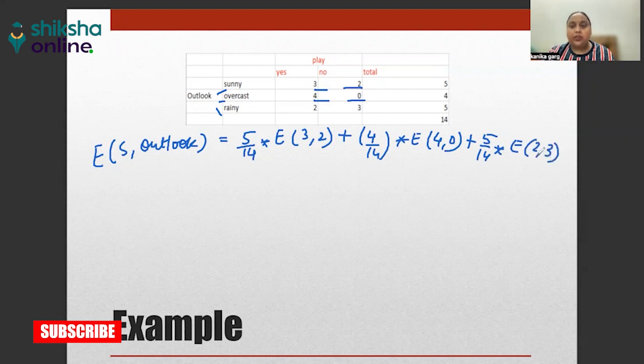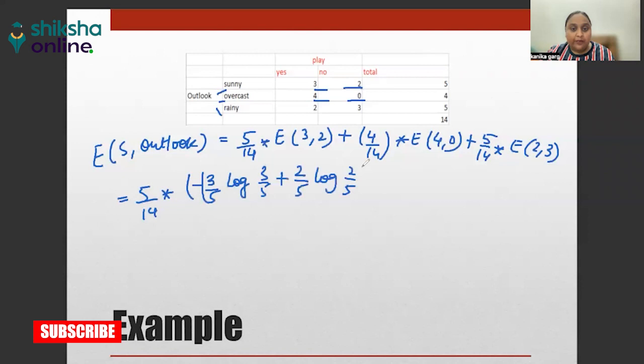You will calculate E the way we have calculated previously. Let me do it for one value for you. It will be minus 3 by 5 log 3 by 5 plus 2 by 5 log 2 by 5, right?